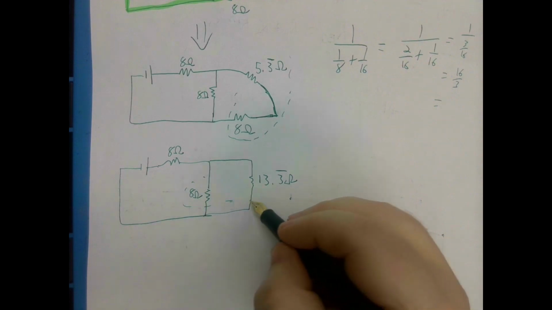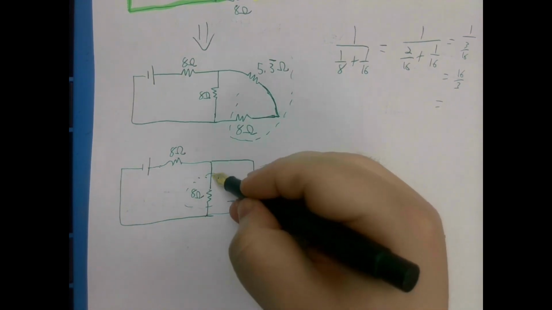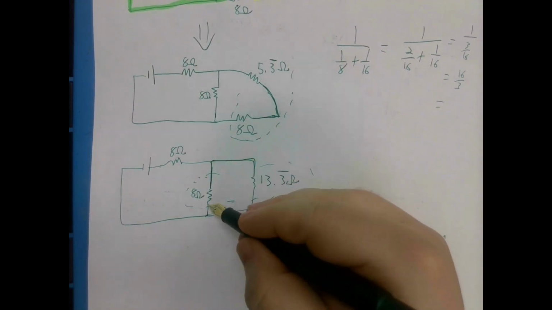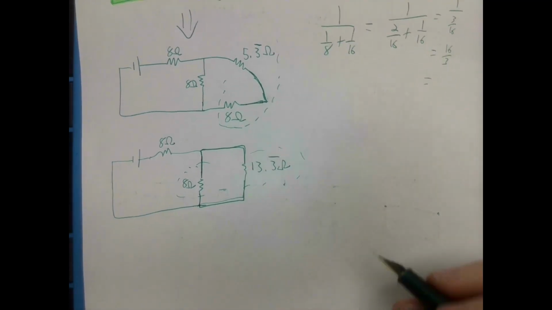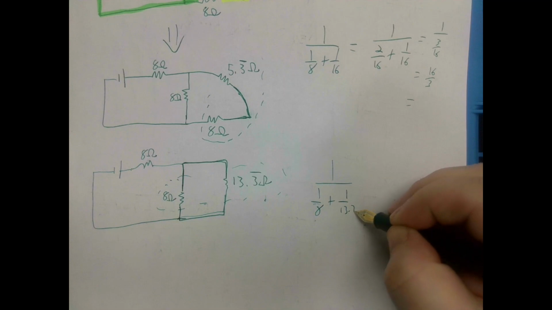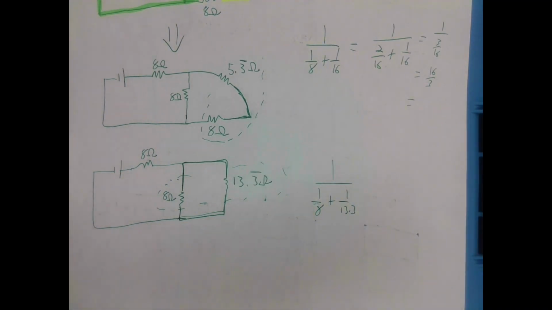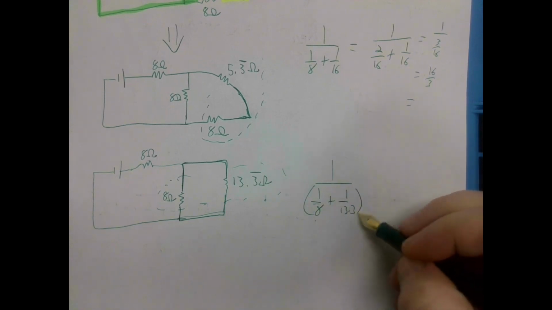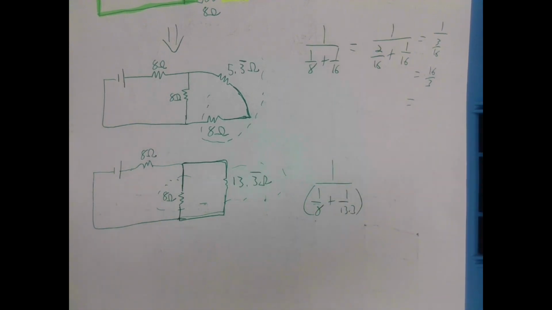These two would now be in parallel. They can be connected like that without passing through anything. So you do 1 over 8 plus 1 over 13.3 carried. Just plug that into the calculator. Make sure you put parentheses on the denominator when typing it into a calculator.